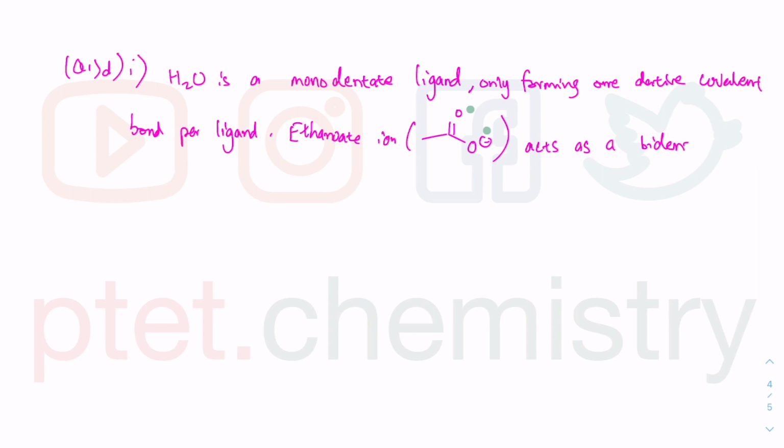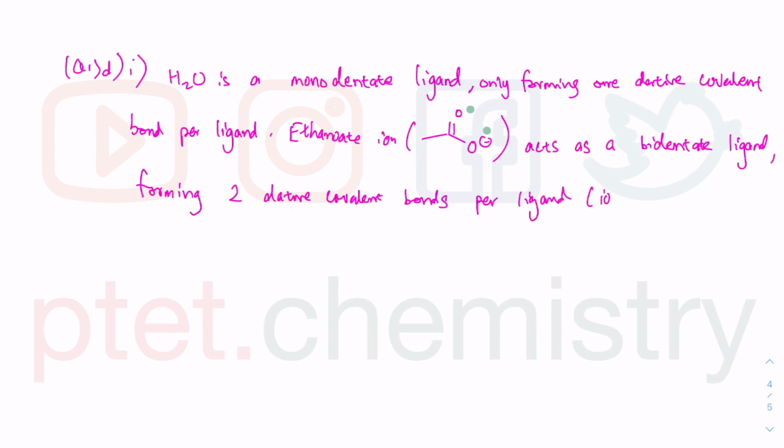Bidentate ligand basically means they can form 2 dative covalent bonds per ligand, and this is per ligand ion, not ligand molecule, because ethanoate ion is an ion.